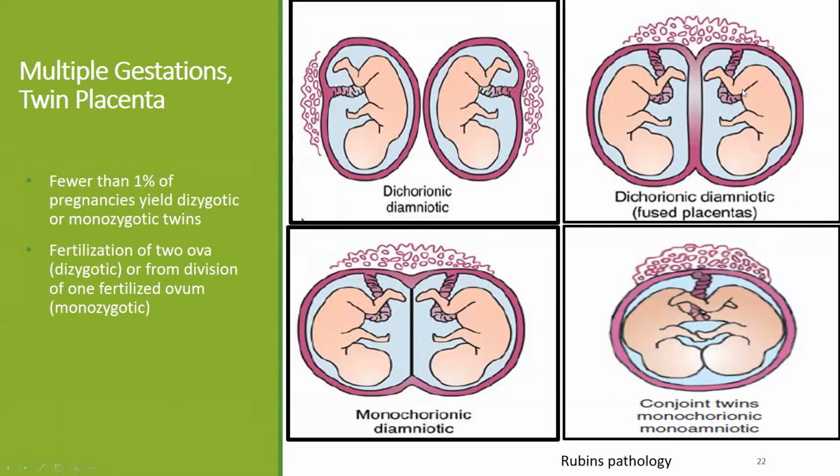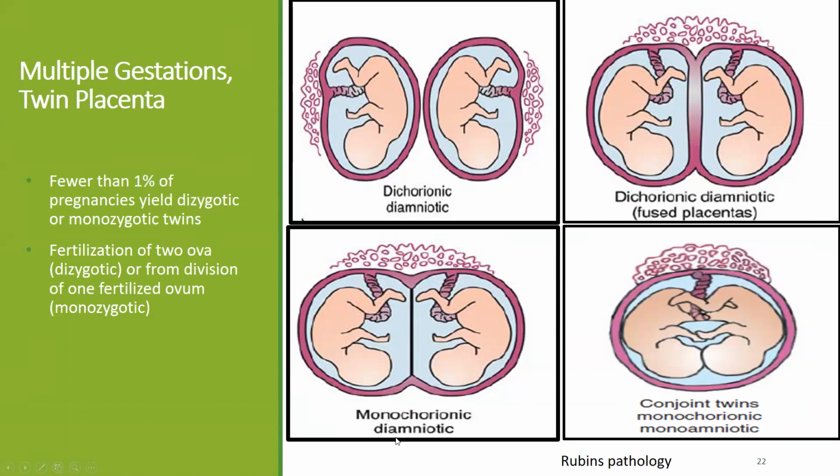Here each fetus has his own chorion and amnion, however, it is fused by the chorion only. So dichorionic diamniotic means two fetuses, each one has separate chorion, separate amnion, but the chorions are fused.